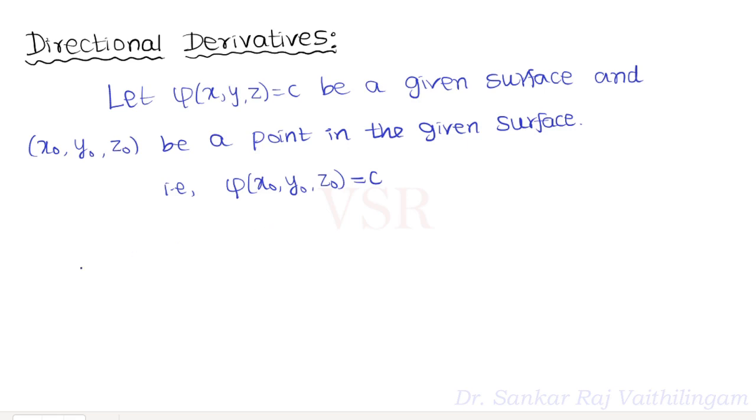Okay, so now what I am going to do is, let a vector, I call this a vector, be equal to a1 i vector plus a2 j vector plus a3 k vector, be a unit vector.